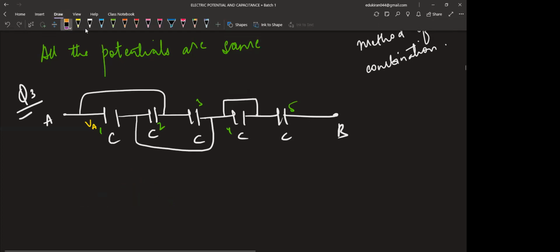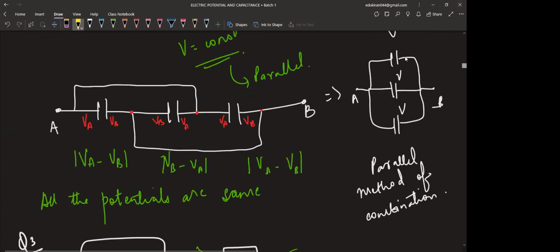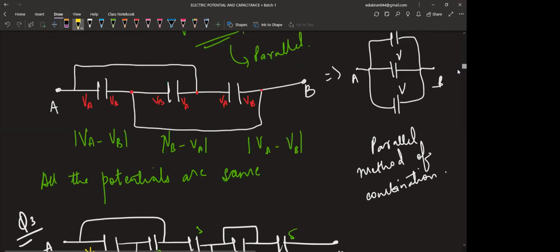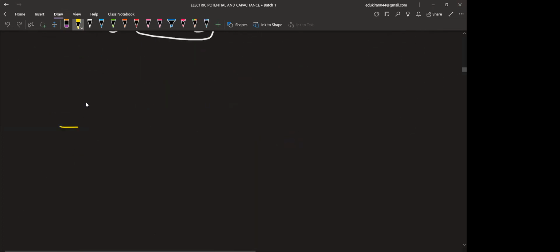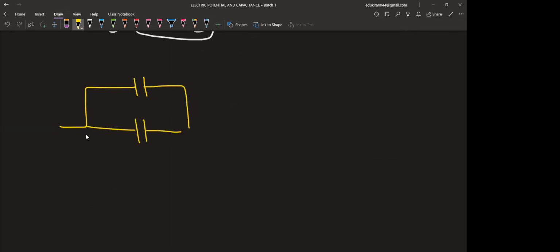These three, the first, second and third, this is exactly what we have studied right now. They are connected in parallel because of the same potential. So these are the three circuits which are 1, 2, and 3.